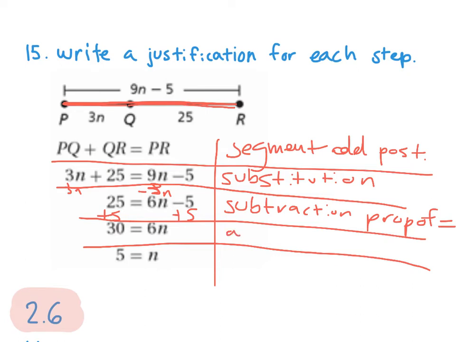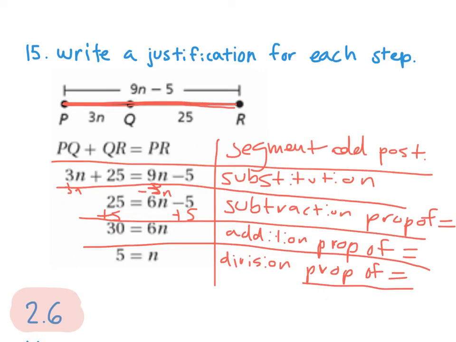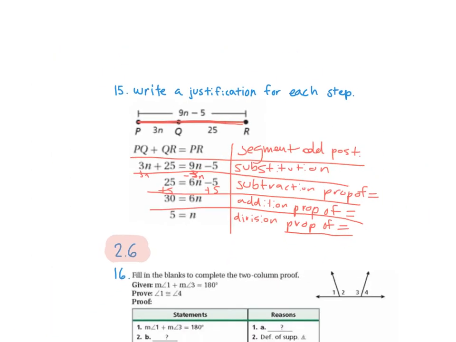So this would be addition property of equality. And then they divided 6 from both sides, so this will be the division property of equality. Remember, it's property of equality because you're doing it to both sides of the equal sign.